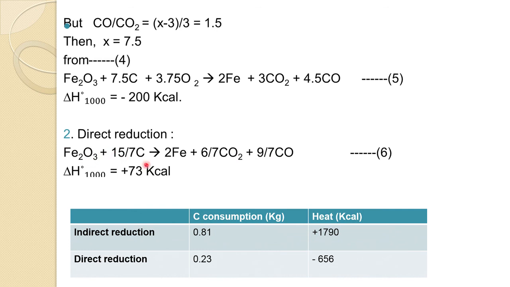Here your enthalpy is 75 kilocalories. Now, if we convert this in terms of per kg, what we will find is for indirect reduction you need about 0.81 kg of carbon per kg of iron, and for direct reduction you will need about 0.23 kg.